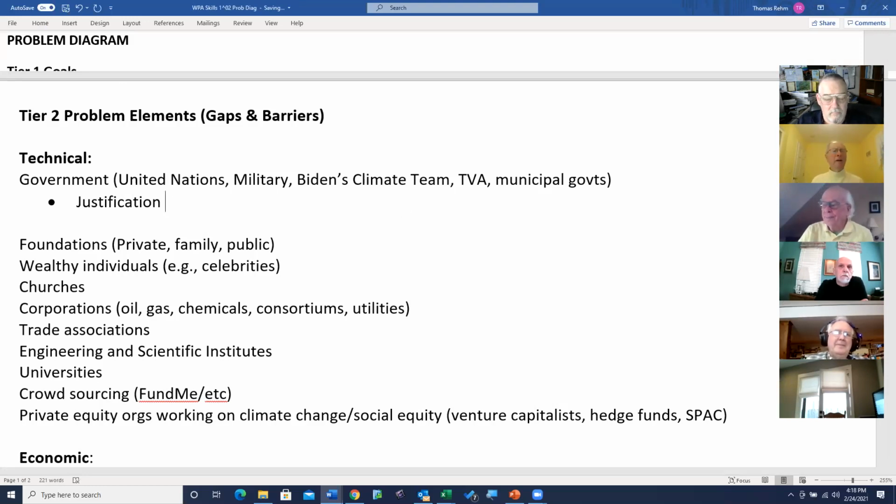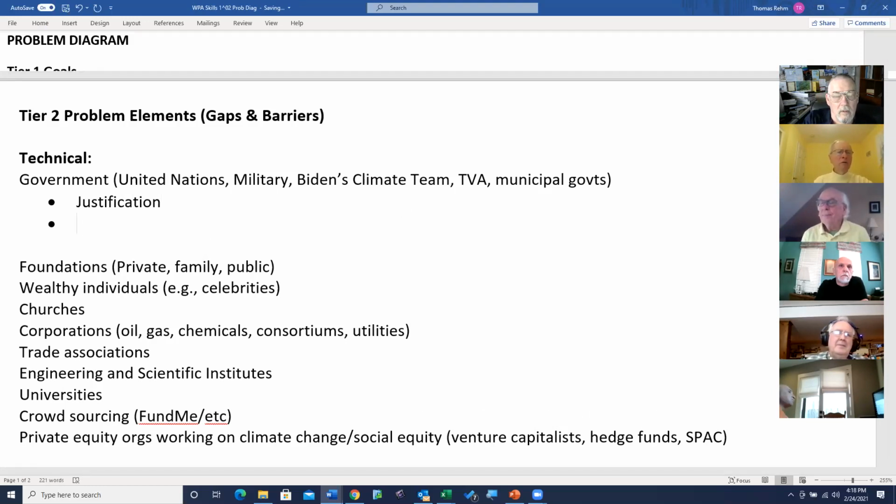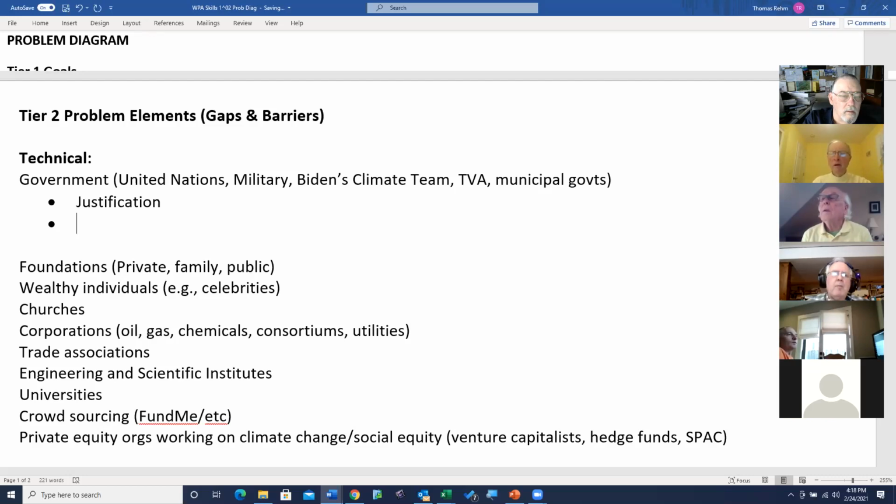Okay, now we skip down one line. We're going to stick with government right now, and we'll stick with other ideas for other technical gaps or barriers. Under technical, you're going to have a problem because part of it is you're going to train young engineers and scientists and economists to get involved in this, so you're going to have a source of them as well as money.